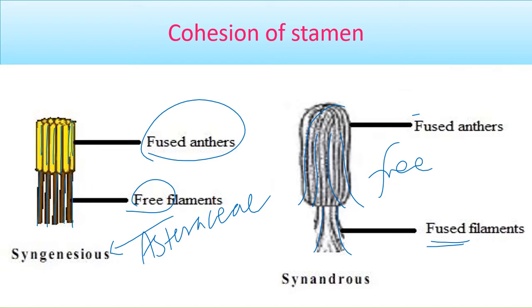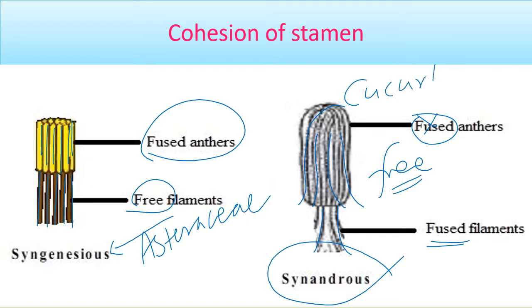Here it is written fused, but not so, the anther lobes are free, and this condition is called synandrous. This is seen in members of family Cucurbitaceae.